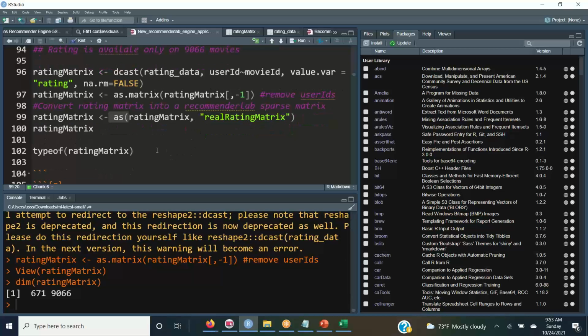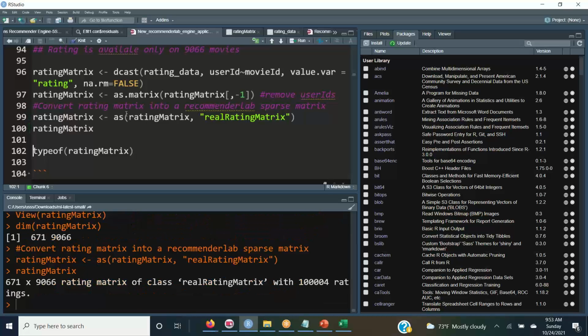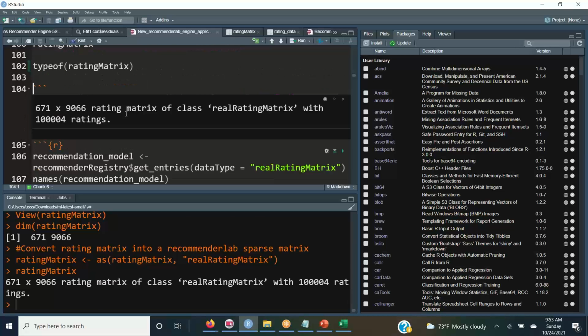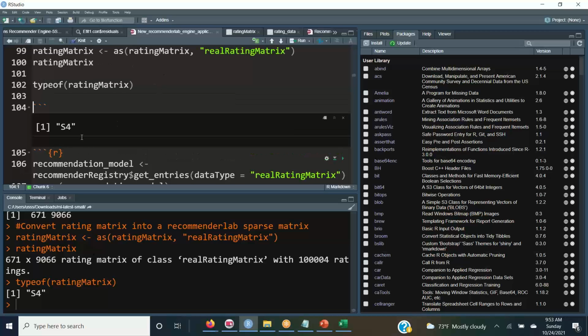Up to that, I converted that, and then I'm even checking it out. It will say something as S4 object. It was a matrix before, now it has become an S4 object, relevant for recommenderlab.